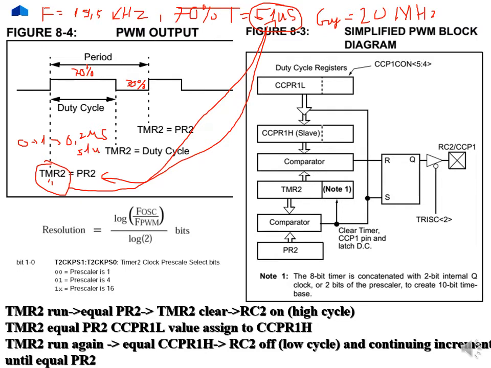So if we have 51 microseconds, it will count to how much? 255. So we will give PR2 255. And now how much do we have to give to the duty cycle? That means we have to give to CCPR1L and CCP1CON 4. Okay, let's calculate.